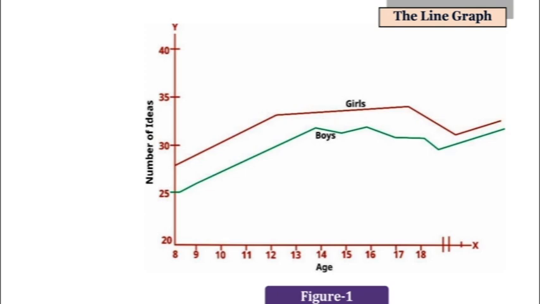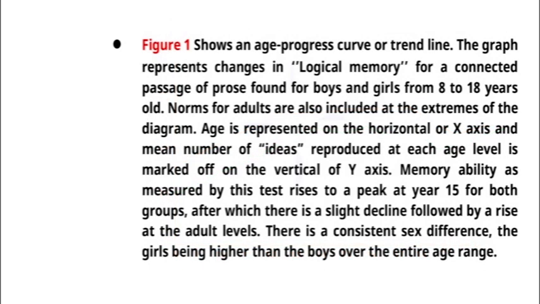Now, we will explain what that is. Figure 1 shows an age process curve or trend line. This is called a trend line. The graph represents changes in logical memory for a connected passage found for boys and girls from age 8 to 18, as I have told you.